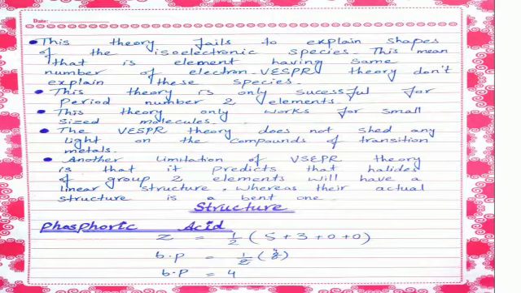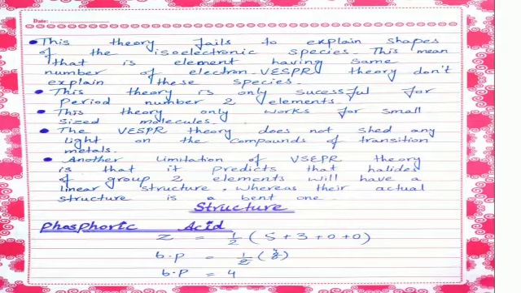Next, we can see the structure of phosphoric acid. By following the formula, Z is equal to 1/2 into (5 + 3 + 0 + 0). Here 5 represents phosphorus electrons and 3 represents hydrogen electrons, and there is no removal or addition, so we add 0 and 0.